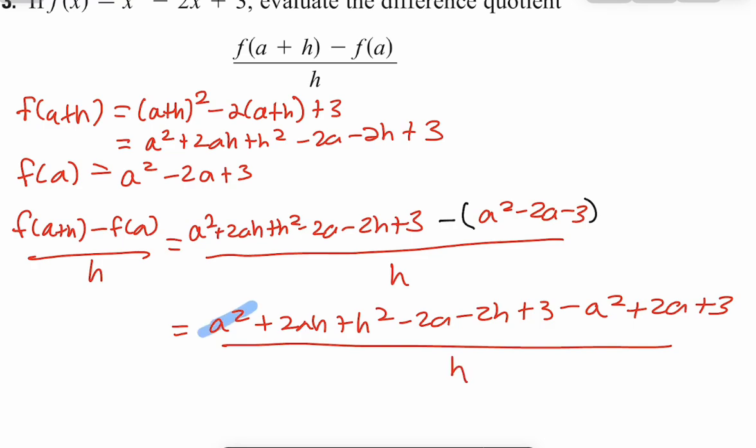This doesn't have an H in it. Its opposite should be laying in the problem somewhere. There's nothing for the 2AH. There's nothing for the H squared. But negative 2A has an opposite, positive 2A. Negative 2H is fine.